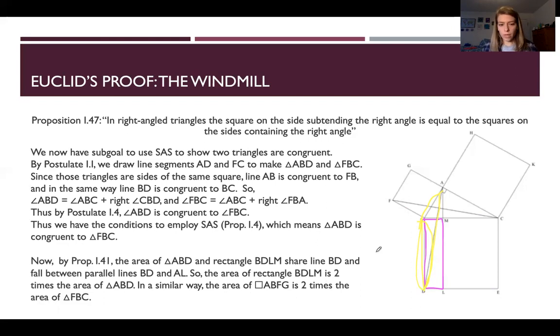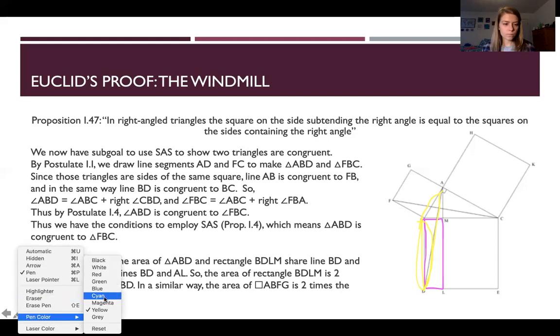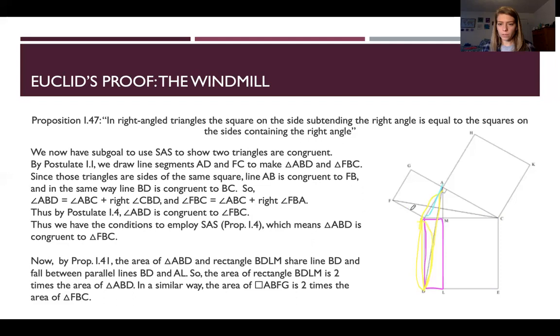Thus, in a similar way, the area of ABFG is 2 times the area of FBC. And that's by his proposition 41, okay?